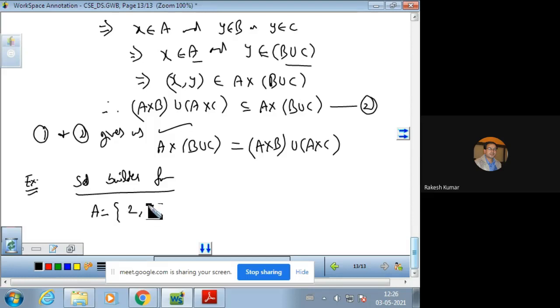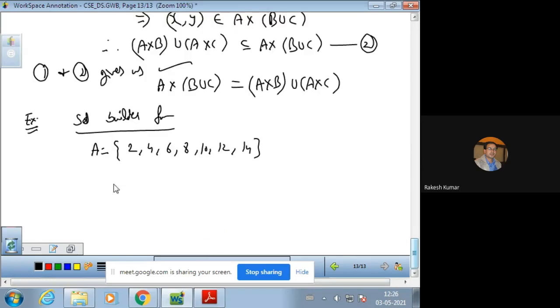This is the tabular form: 2, 4, 6, 8, 10, 12, 14. Now the set A has been written in tabular form, and you just need to write down its set builder form. All of these are even integers which are divisible by 2.